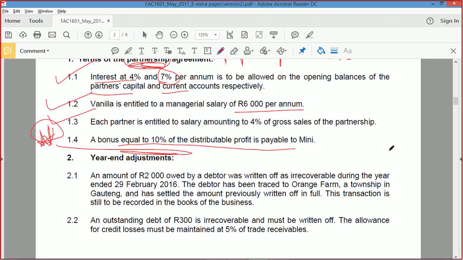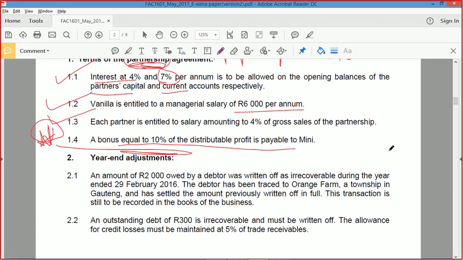So an amount of 2,000 owed by a debtor was written off during the year, and the debtor is traced and settling the previous amount in full. So is this income? It is an income, you're right.